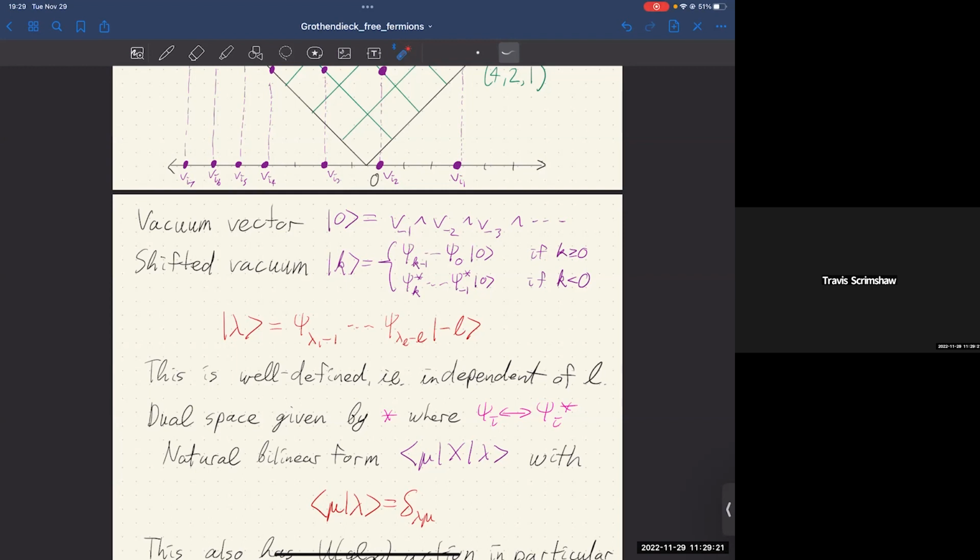And I'm going to need these shifted vacuum vectors where I just either add or delete particles, but I still have my regularity condition up to a shift. And basically that amounts to choosing where the origin is.